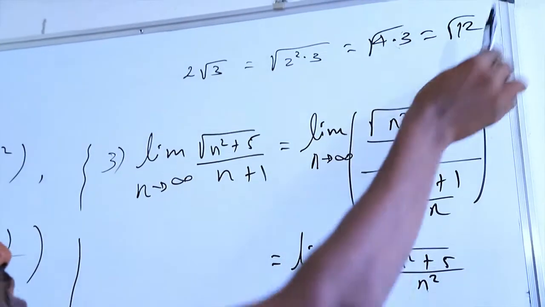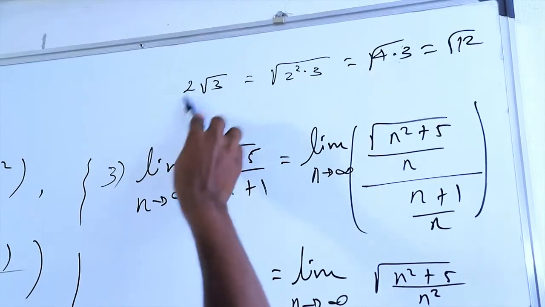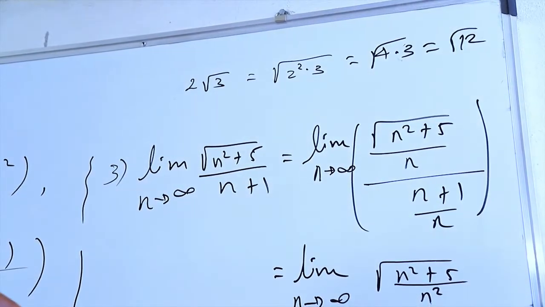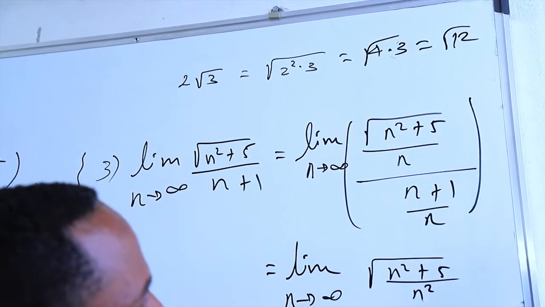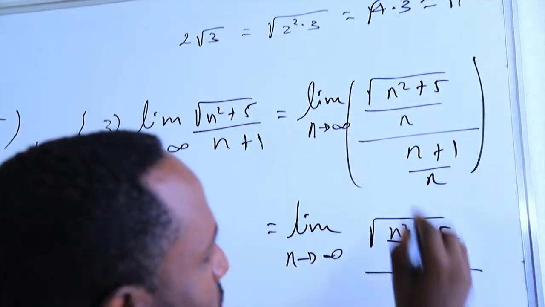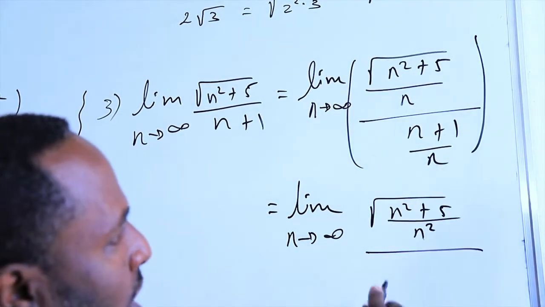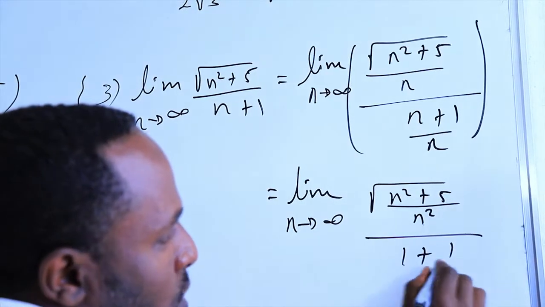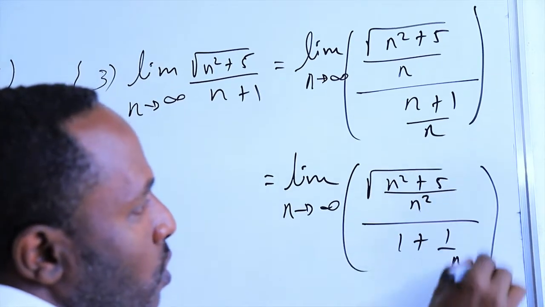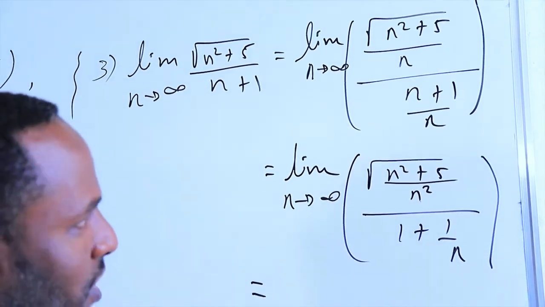So the simplified form of root 12 is equal to 2 times root 3. In the same fashion, over here n plus 1 over n means n over n, which is 1, plus 1 over n, the whole system as n tends to infinity.